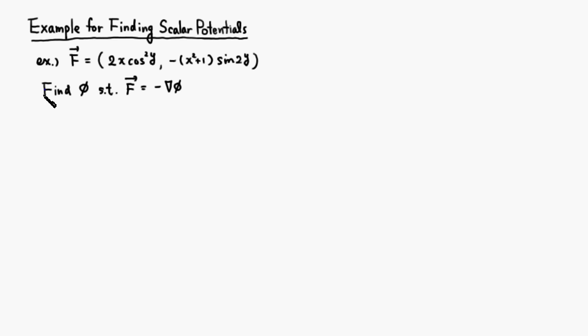Alright, so the gradient of phi is the partial of phi with respect to x, comma, partial of phi with respect to y, and this is going to be equal to the negative of that, so it's going to be negative 2x cosine squared of y, and then positive x squared plus 1 quantity times sine of 2y.